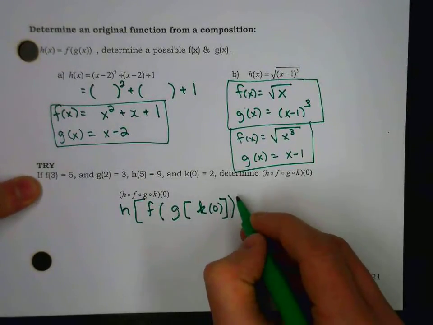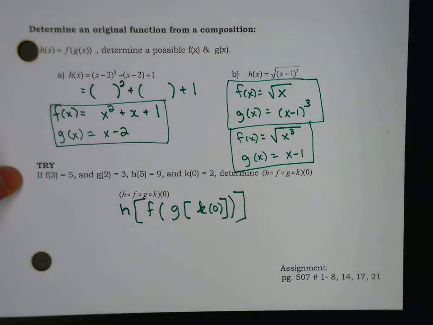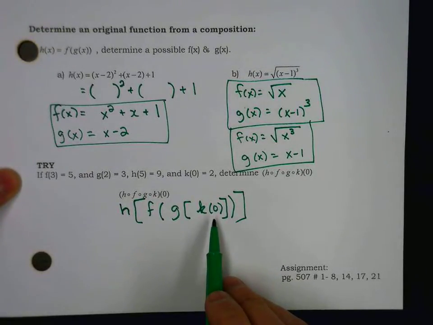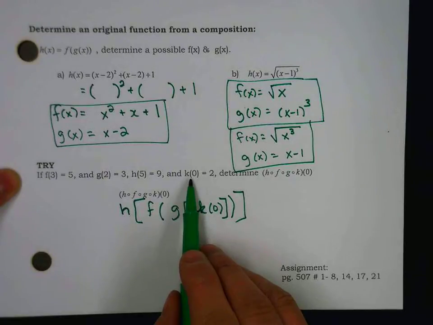And we'll work our brackets back out. And we start in the middle and ask ourselves, what is k of 0? Now, conveniently we don't have an equation or a graph or an ordered pair or a mapping, but we have the one piece of information we need. What is k of 0?